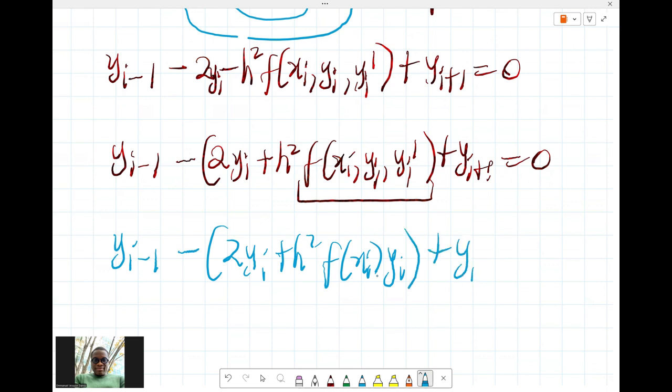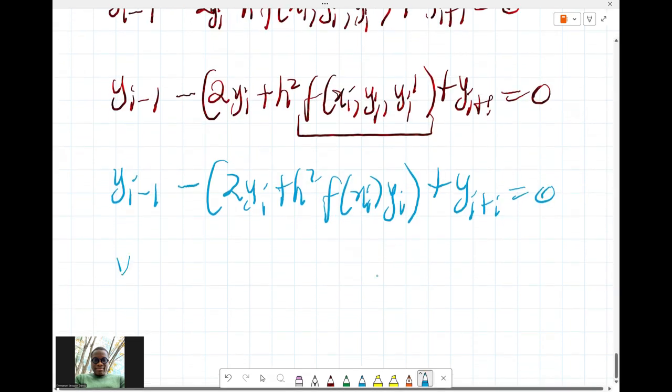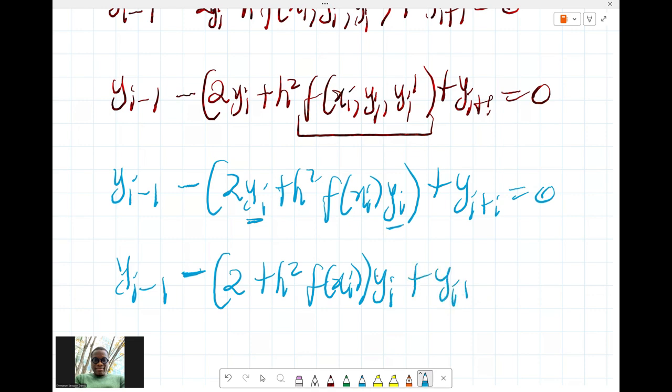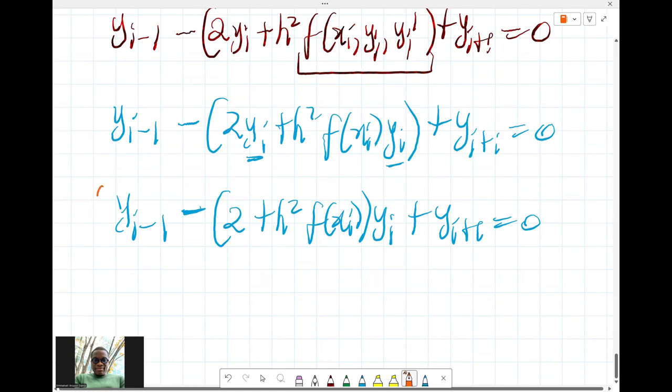So we have this yi plus 1 equals 0. So it means we can rewrite that as yi minus 1 minus 2 plus h squared multiplied by f of xi. Then you now have yi outside the bracket. So you see this yi and yi, we can collect them outside, plus yi plus 1. So we can have this kind of expression in this situation.